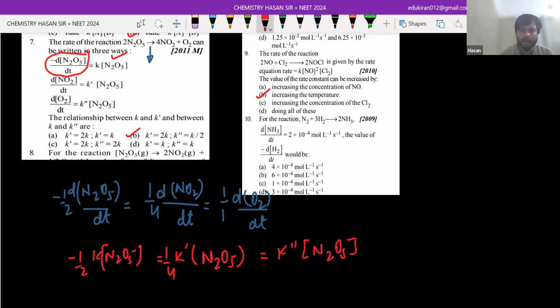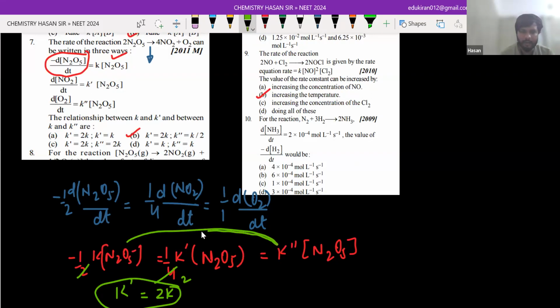So we need to establish a relation between these two. You can easily see that 2 to the 4, I can do this, and this will be equal to k dash will be equal to 2k. I can write like this, and k dash and k, I'm going to equate these two equations, the first and the last.